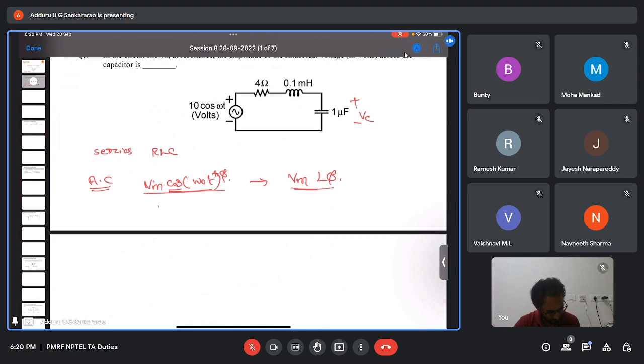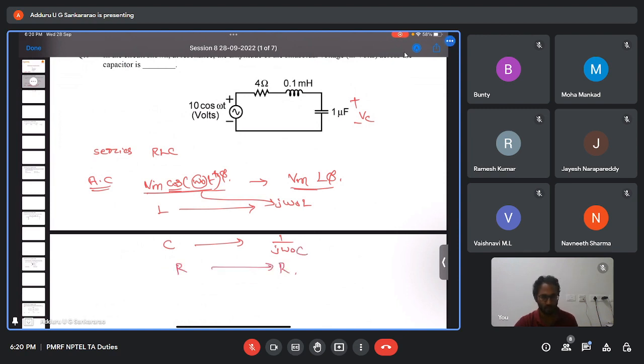The inductor will be represented with j omega naught L at that frequency, the capacitor with 1 by j omega naught C, and the resistor same as resistance.